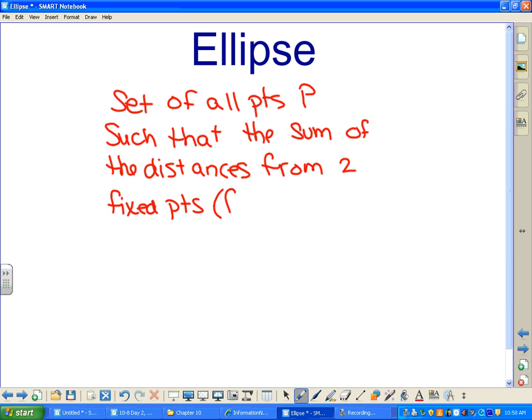These two fixed points are called the foci. Okay, so it's the set of all points P such that the sum of the distances from two fixed points called the foci is a given constant.